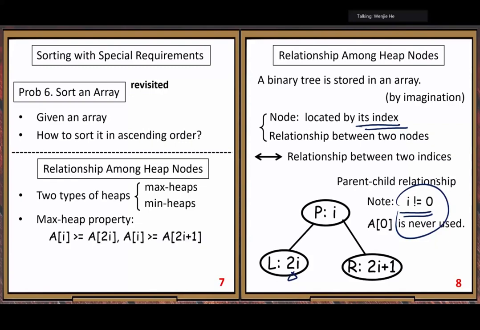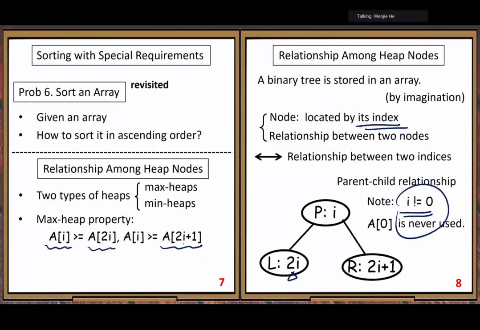What's that? The value in the parent node, A of i, is greater than or equal to each of its child nodes. That's max heap. The parent node has larger values than its child nodes.